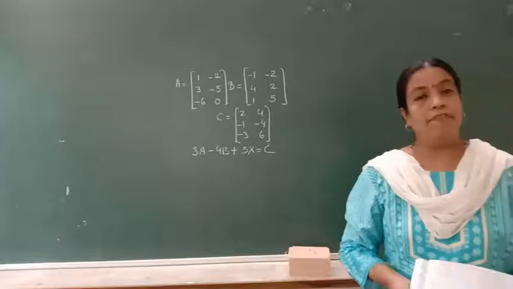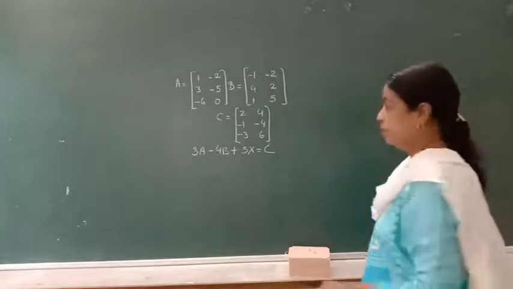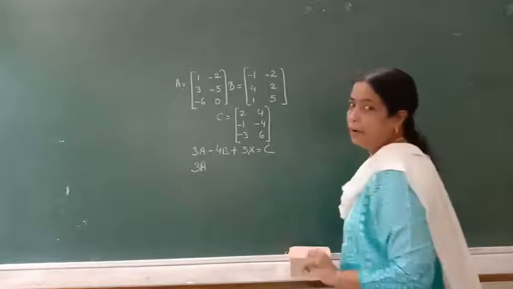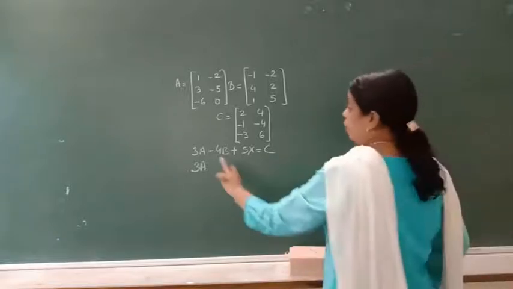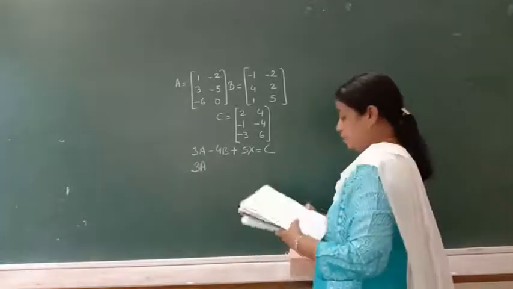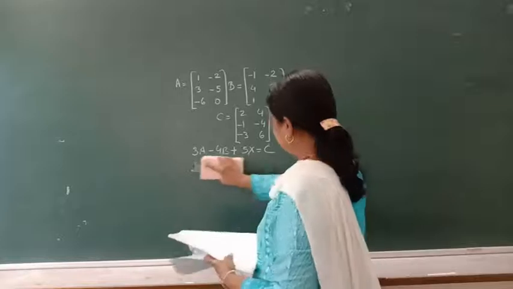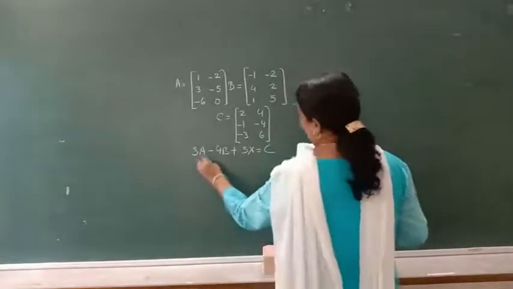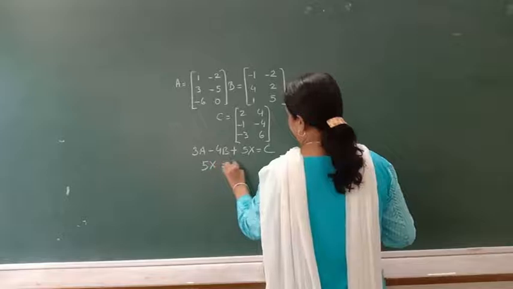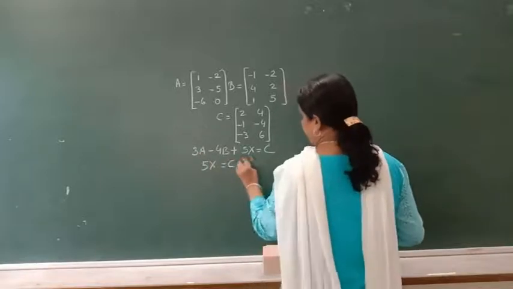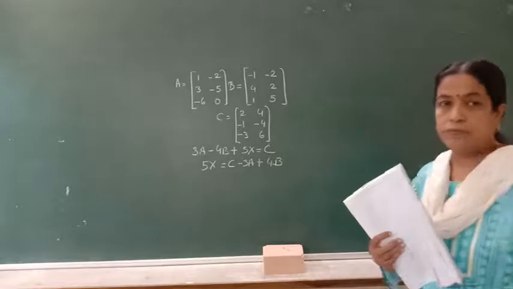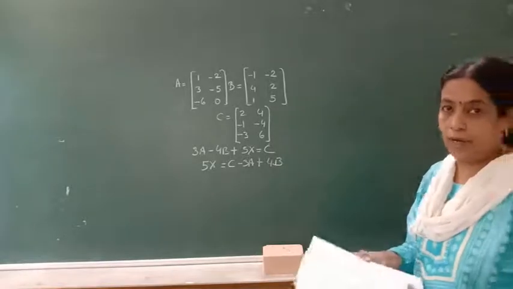First we will simplify this. See, 3A, we want to find matrix X. So we don't want this here. What we will do? We'll keep this 5X here only. 5X will be equal to C, and this -3A will go across, plus 4B. For now we will find the value of 5X.